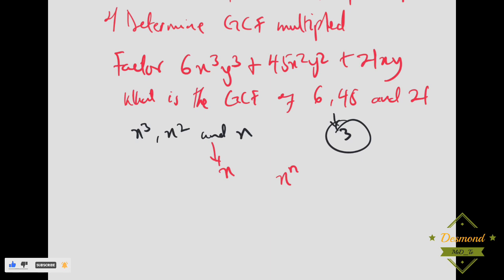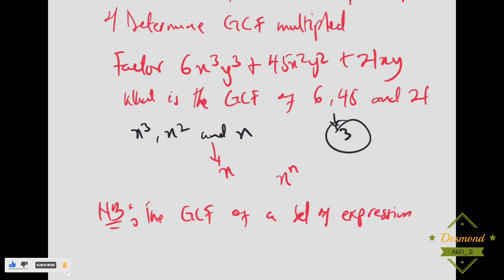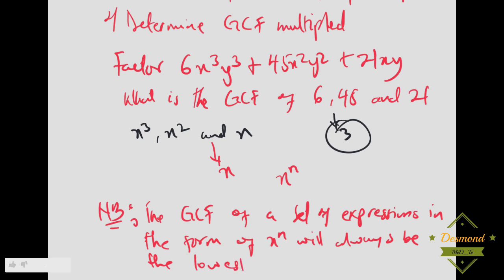Let me write it here: always note that the GCF of a set of expressions in the form of x exponent n will always be the lowest degree.